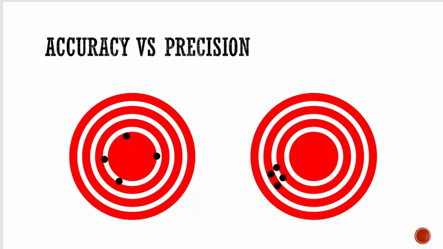The one on the right has a very tightly clustered area of dots, but it's farther away from the actual center of the bullseye. So the left one is accurate, even though they're spaced apart, and the right one is precise, but not necessarily accurate. Just remember, accuracy requires an actual target value.